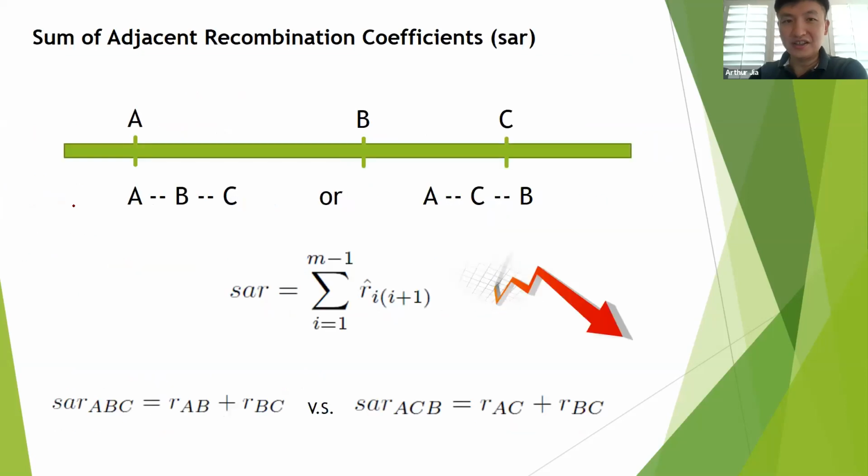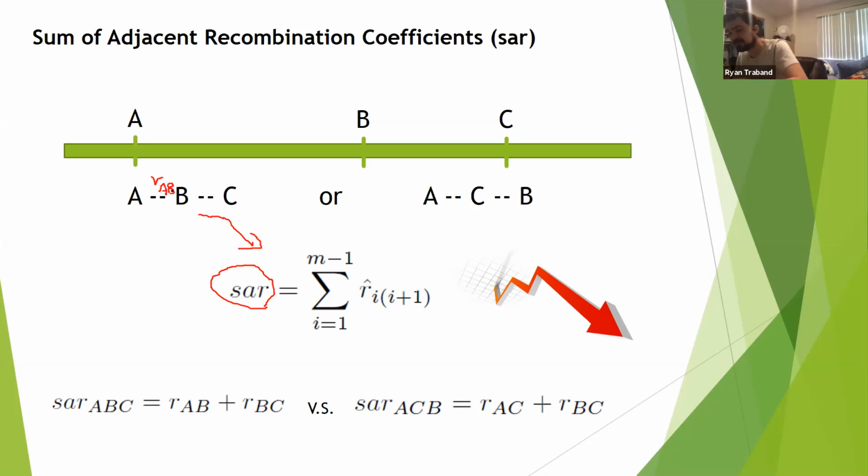Suppose you want to evaluate a specific order, either ABC or ACB. By definition, for example, if you want to evaluate this order, the SAR becomes the sum of the recombination frequency between the adjacent letters, which is RAB, and this two, RBC.